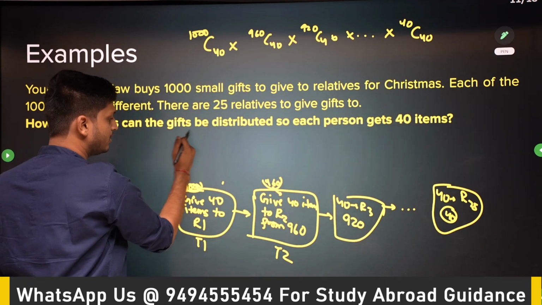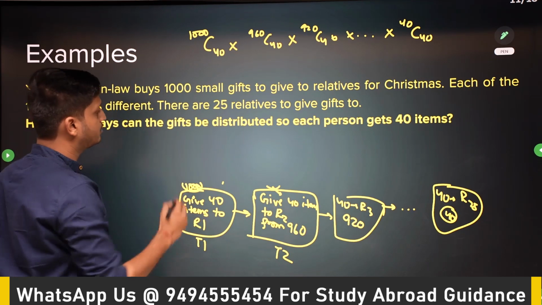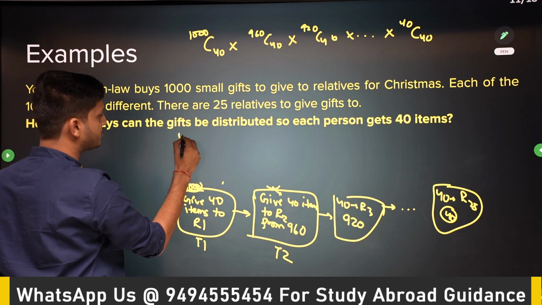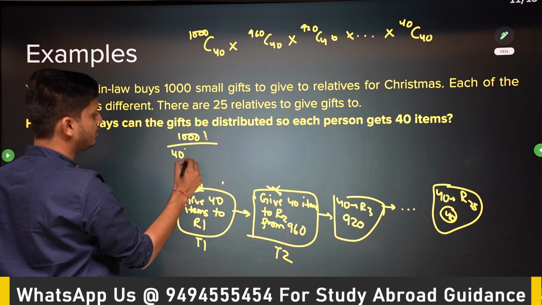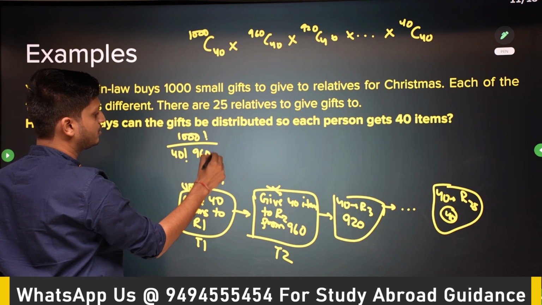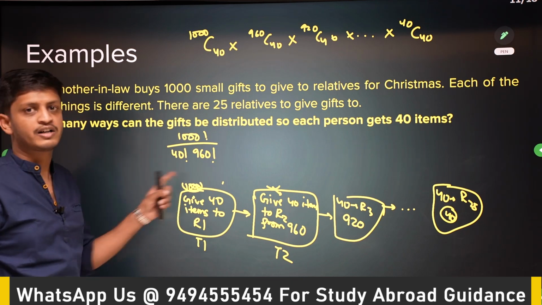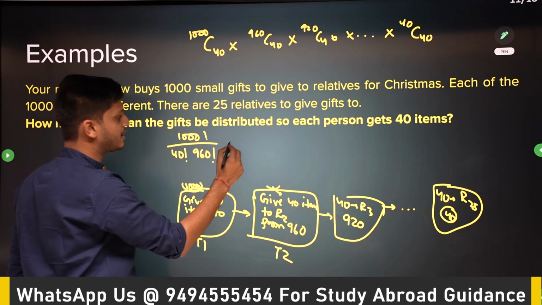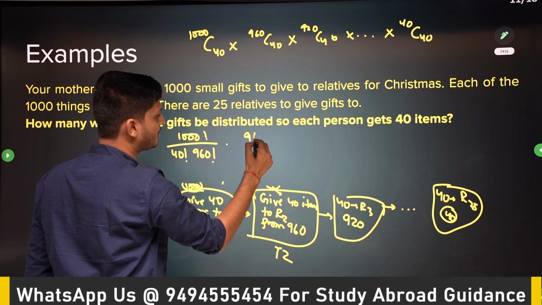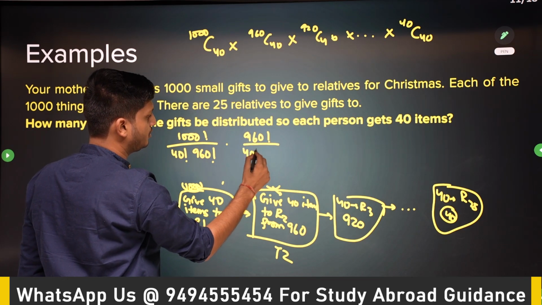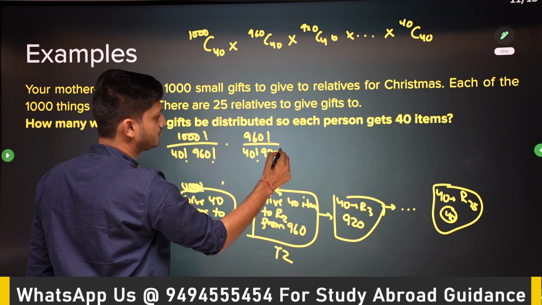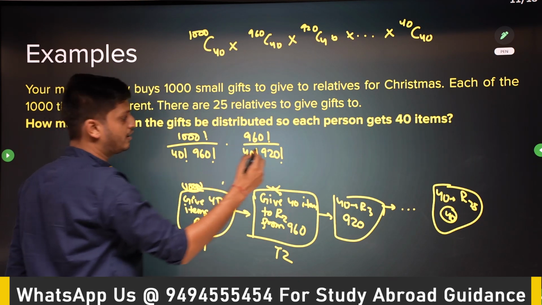You can expand it. So 1000 C 40 will become 1000 factorial upon 40 factorial times 960 factorial, that is, n factorial upon r factorial times (n minus r) factorial. Similarly, the second one will become 960 factorial upon 40 factorial times 920 factorial.